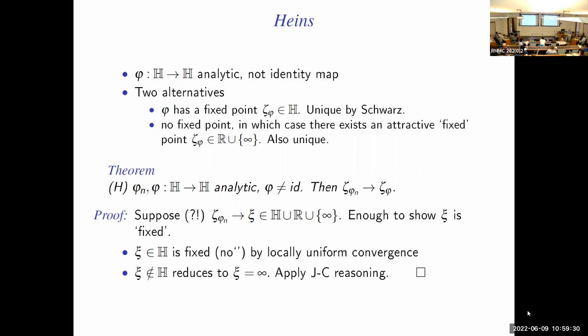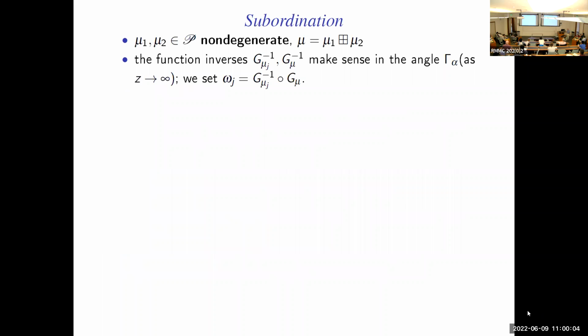You just trade it for the point at infinity by conjugating phi with a fractional linear transformation, and you reduce to the case when xi is equal to infinity, and in this case the reasoning in the Julia-Carathéodory theorem applies, with a little bit of modification, with beta equals 1, of course. So that was my function theory interlude for today.